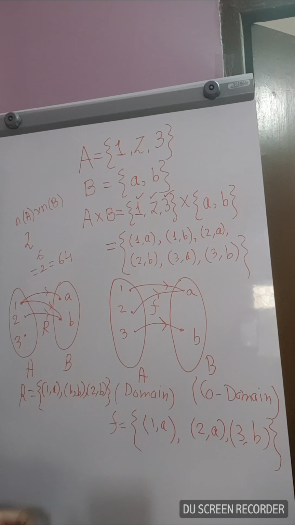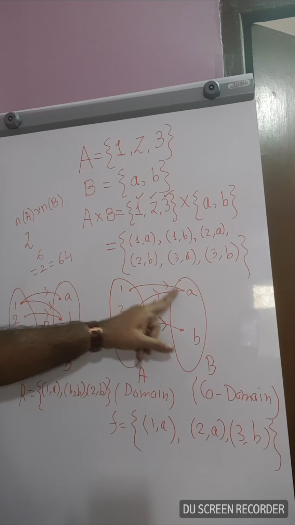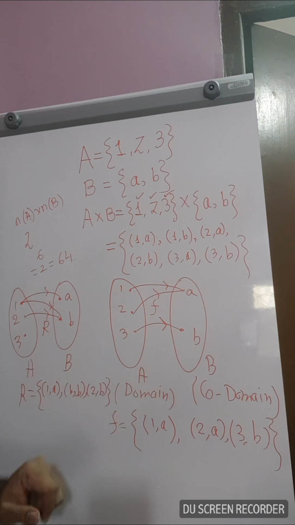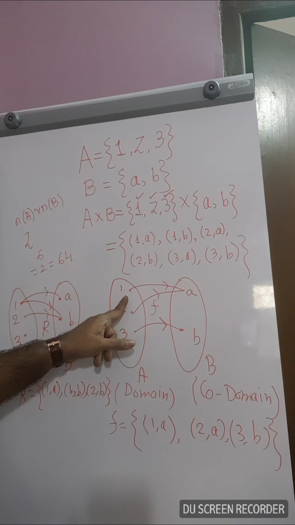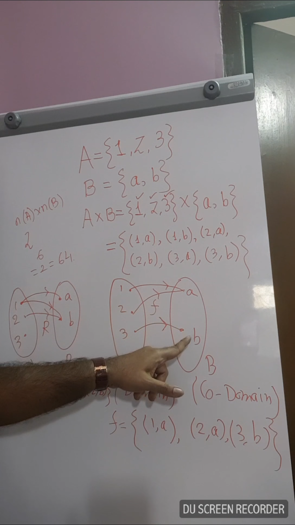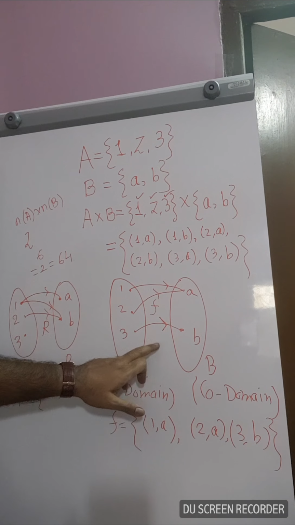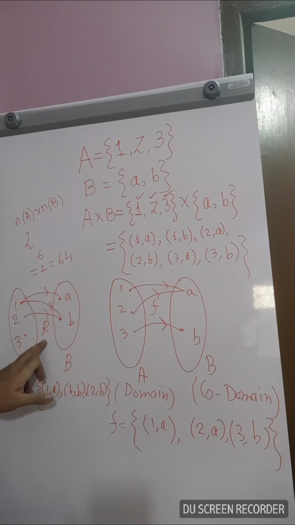So the two vital conditions of a function are that every member of domain must be associated to some member of codomain, and one member of domain can be linked only to one member of codomain. One member cannot be linked to more than one member. We call it one-to-many association. That is not permissible in case of a function. Here, this type of association is known as one-to-many. One has multiple images.